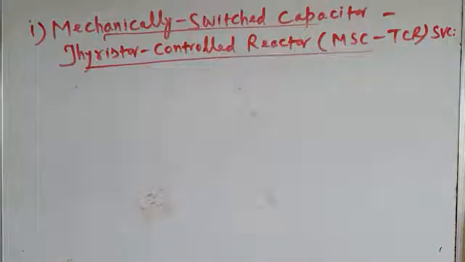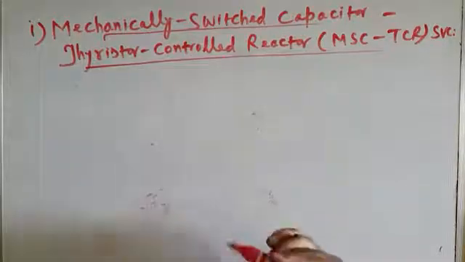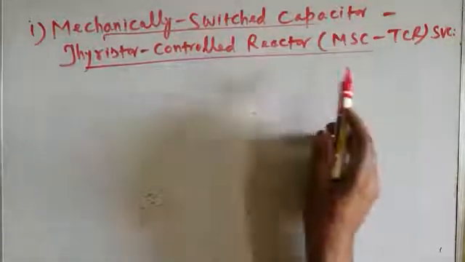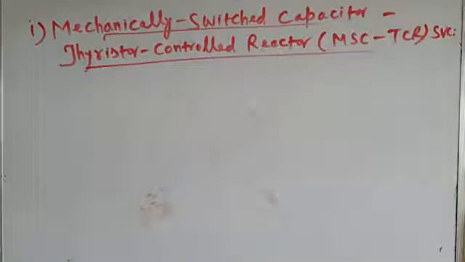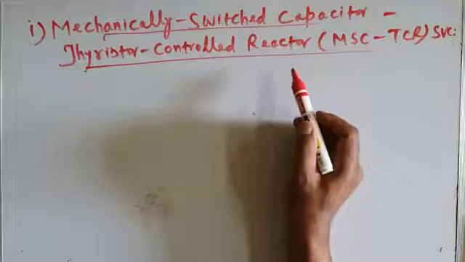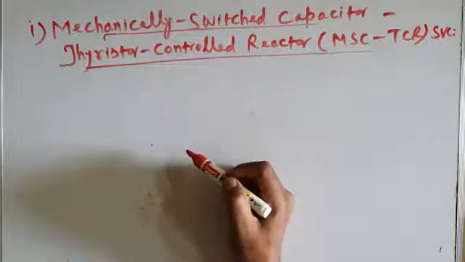In certain applications, especially those involving only a few capacitor switchings in a day, where a large number of switchings are not involved, this type of SVC, that is MSC, TCR type SVC, has been shown to offer acceptable performance at lower cost than a TSC, TCR SVC.